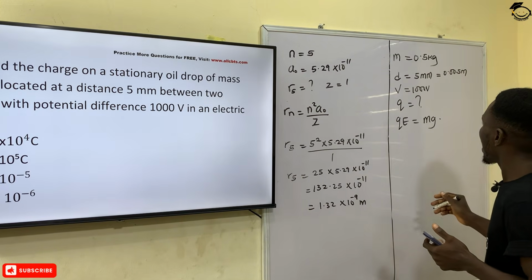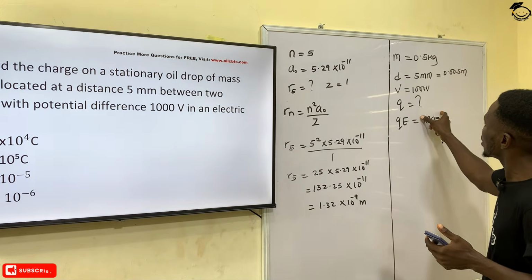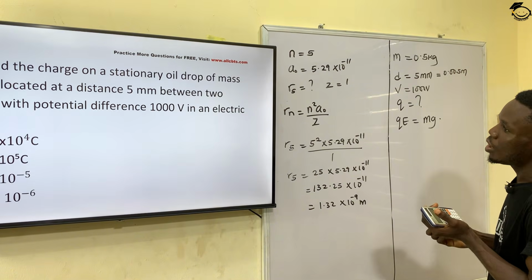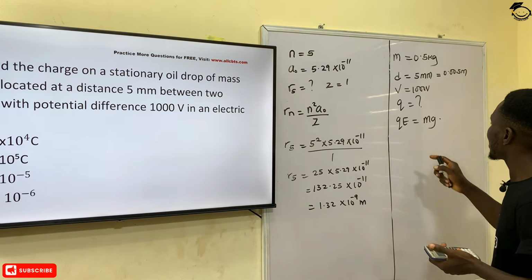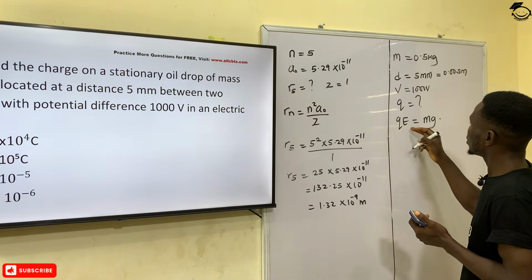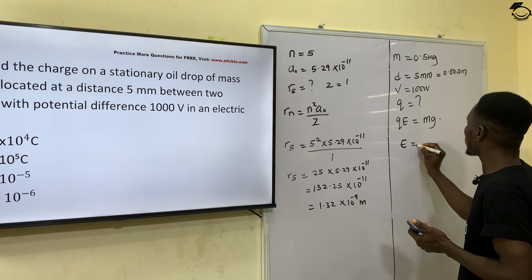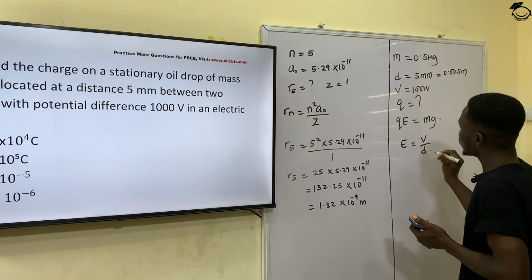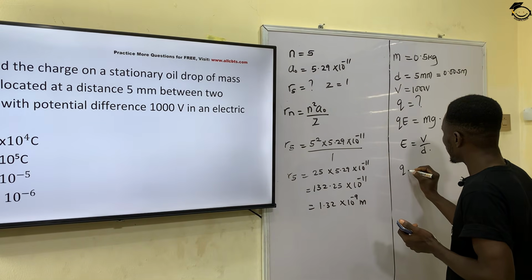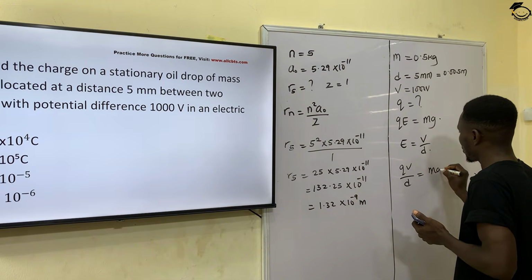So here I'm talking about the force. The force in an electric field is equal to the force of this stationary object. So in order for us to find our E, the strength of the electric field, it means that my E is equal to V over D. So if I substitute this, it means that QV over D is equal to mg.